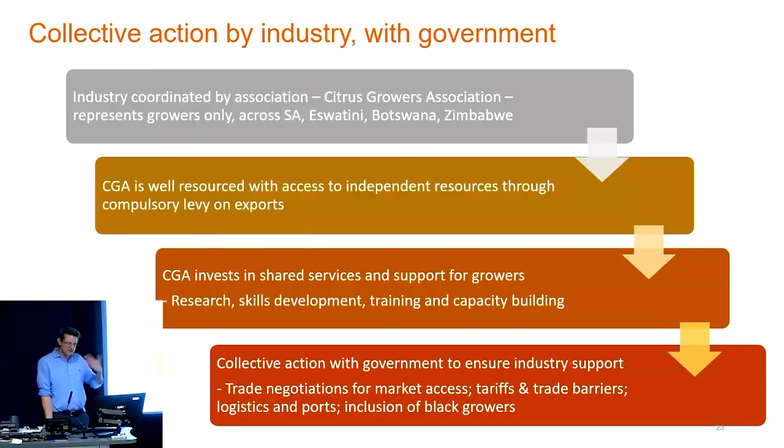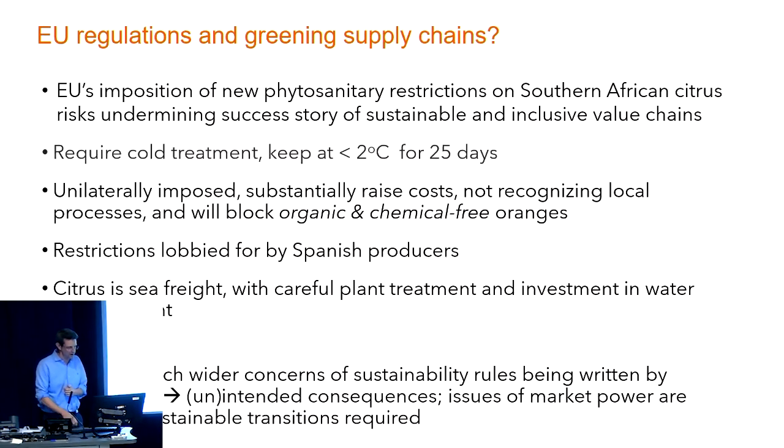So you've got a series of collective actions that have flowed from the association through using resources, through investment, and working with the government. It's the government that levies, that imposes the levy. It's the government that negotiates market access with the EU, with China, etc. So this is all working with the government.